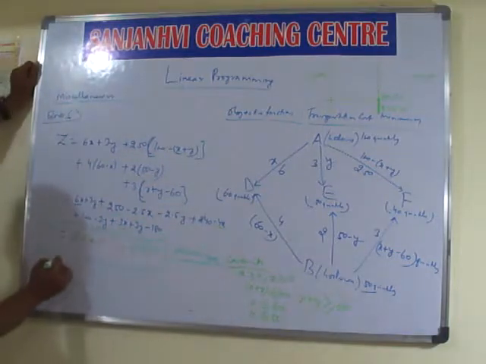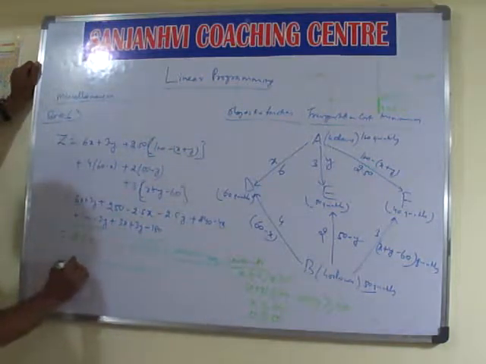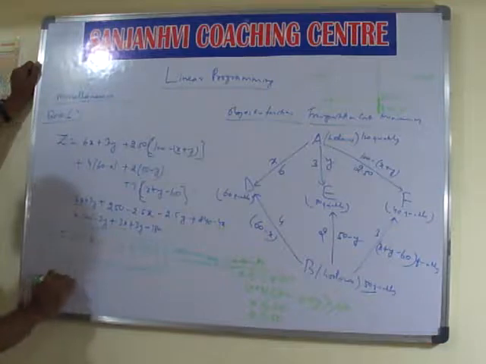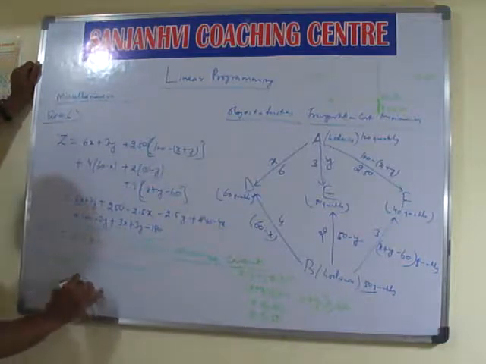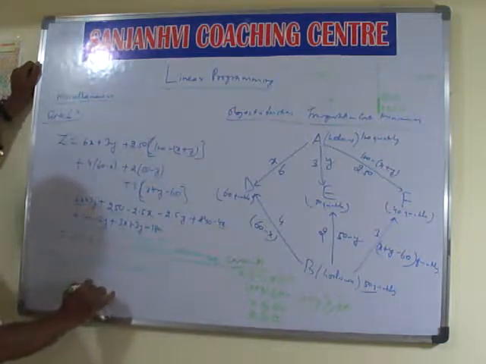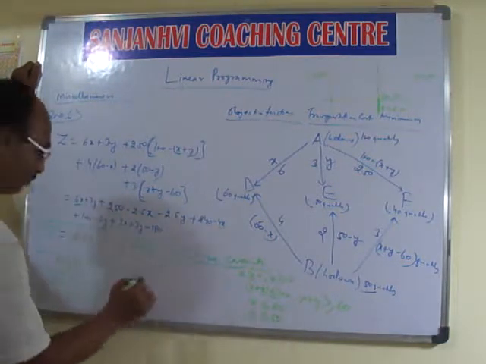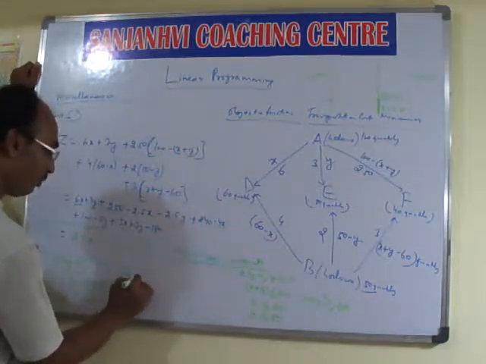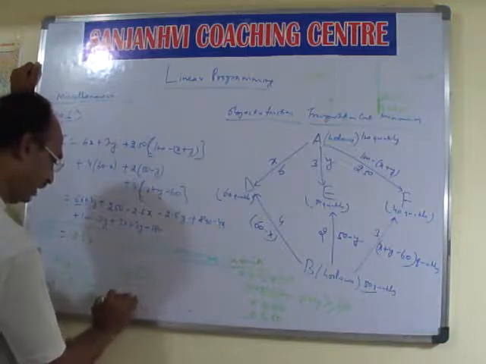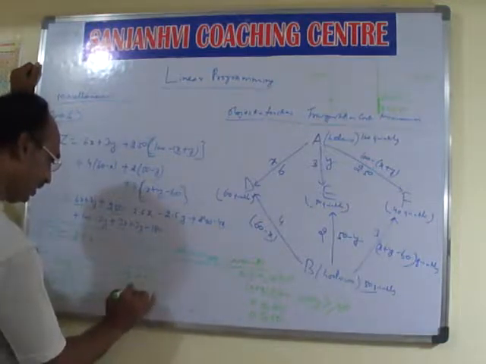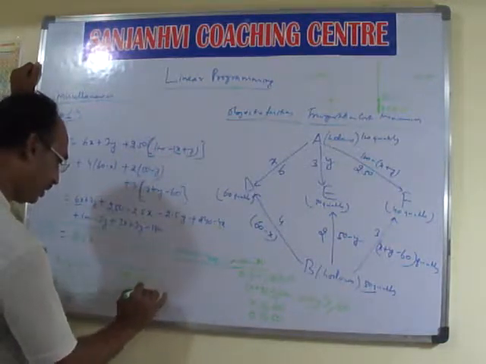X plus y is equal to 100. In this, if x is 0, y is equal to 100. If y is 0, x is equal to 100. Another one, x plus y equal to 60, which is also very easy: 60, 0 and 0, 60.